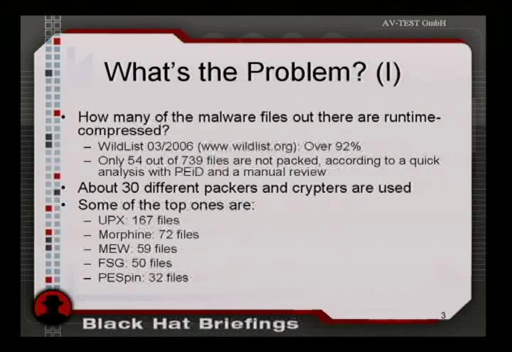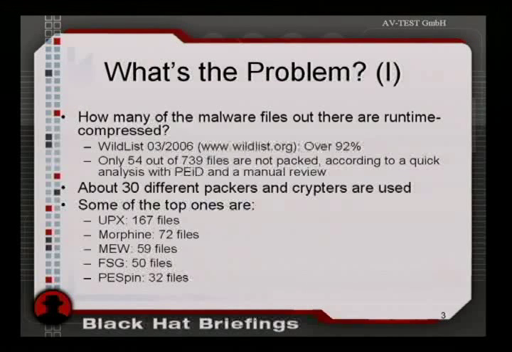Now, what is the problem? We already know what runtime packers do and what they are used for, but it's not clear how often they are used. Now, when you look at a whitelist, for example, a very recent one was the one from March 2006, and over 90% of the malware files over there are runtime compressed. This is one important number to remember.